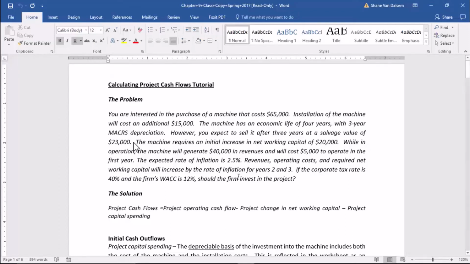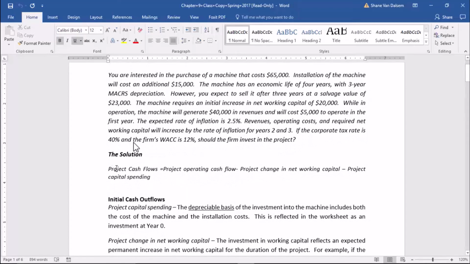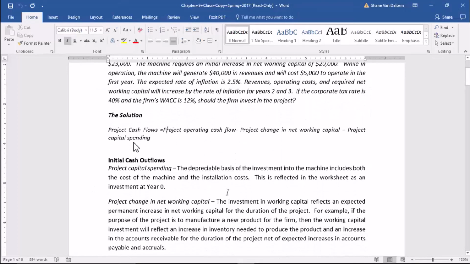Now I'm going to work through the solution. So the way we define the project cash flows, this is the project operating cash flow minus the project change in net working capital minus the project capital spending. The project capital spending, the depreciable basis of the investment into the machine includes both the cost of the machine and installation costs.